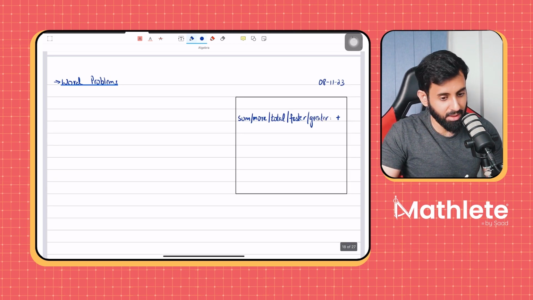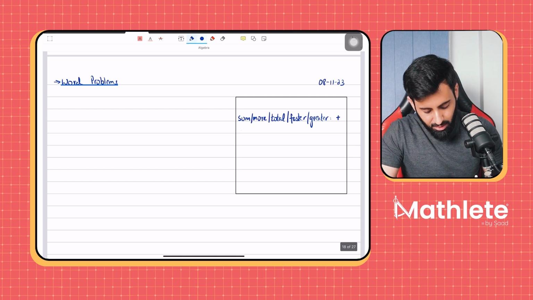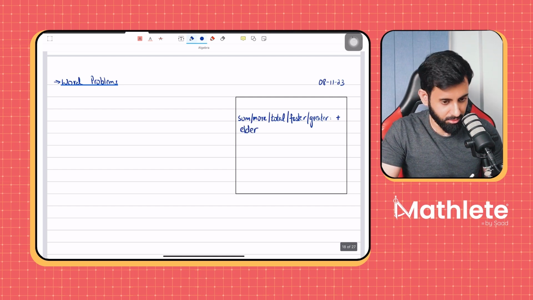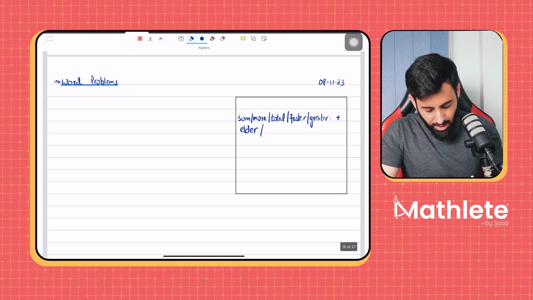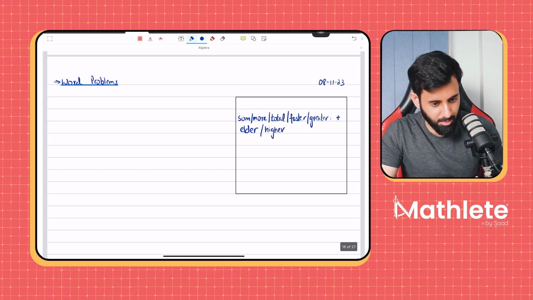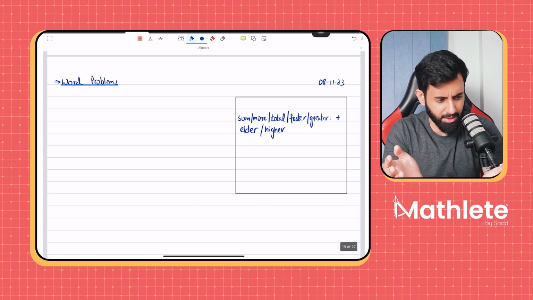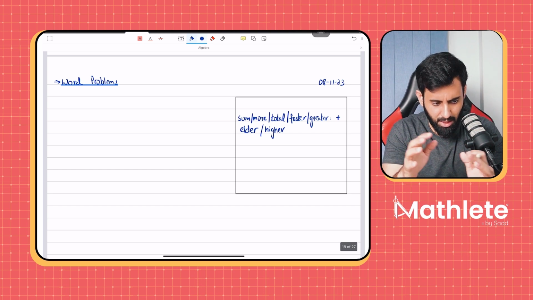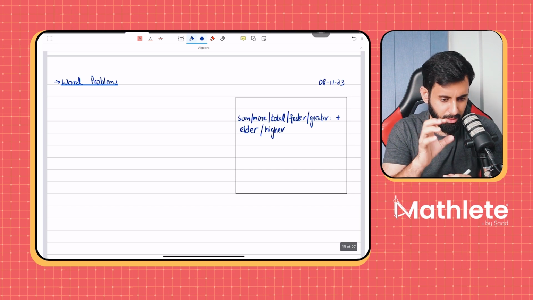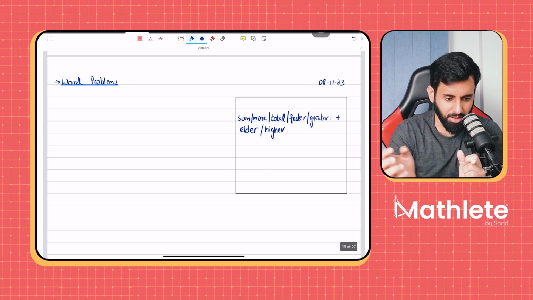If you're talking about, let's say, age, all right, then it could be elder, or like someone said, higher. So all this will translate into plus. Okay, now you will have a better understanding of it when you have the whole context in front of you. But right now, I want you to remember these keywords and what they translate into.